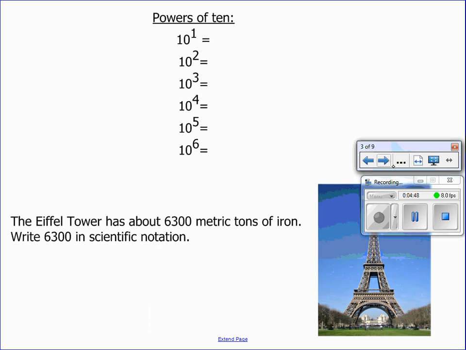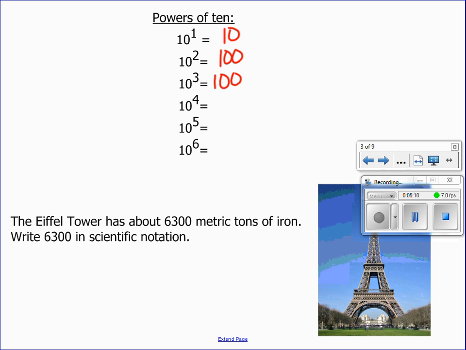Now let's notice when we're dealing with powers of 10, again, it denotes how many times you move the decimal place. So 10 to the first power is going to be 10. 10 to the second power is 100.